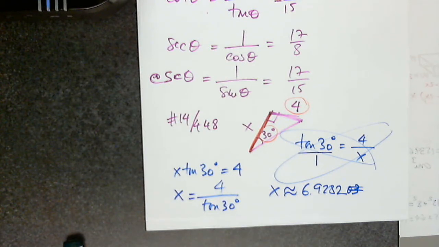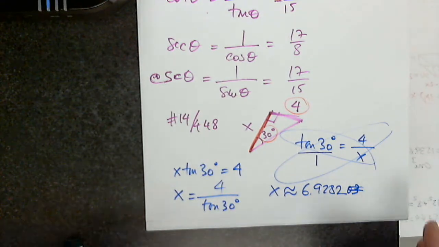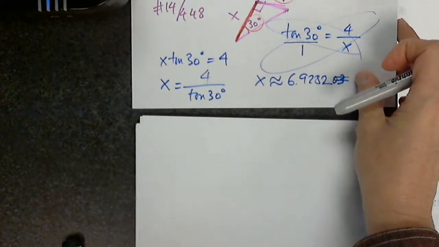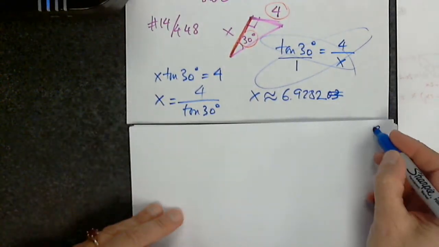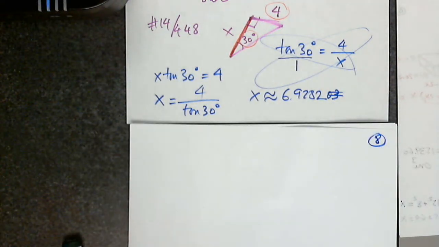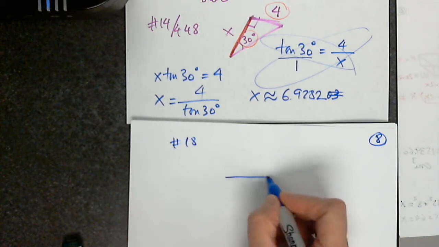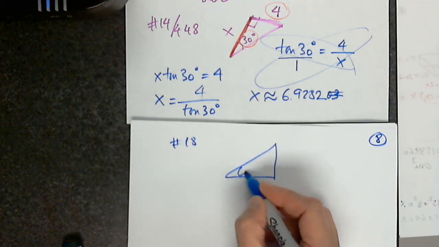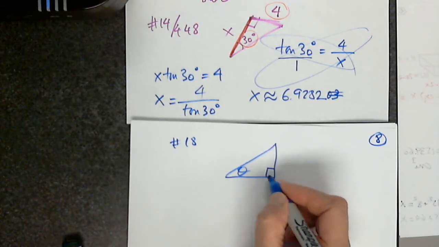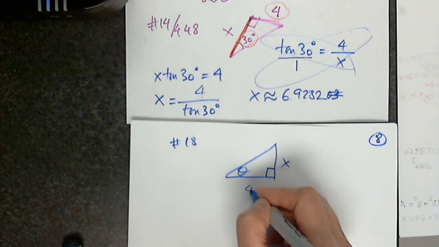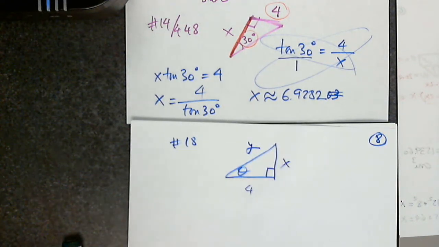Let's work on 18 and then go back. I still have to talk to you about this section. It's not done. So in 18 we are given a right triangle with an acute angle theta, a 90 degree angle, x, 4, and y.